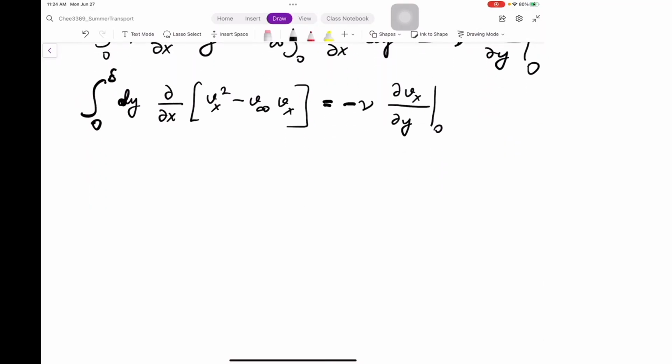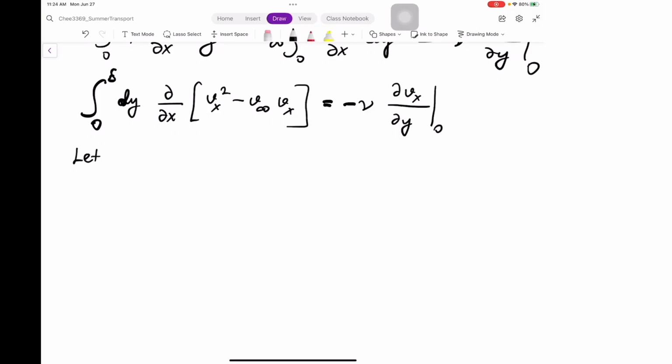Now, as I said, you cannot take the derivative outside of the integral, right? So there is a law called the Leibniz rule in calculus that you can make use of to get this derivative outside the integral.